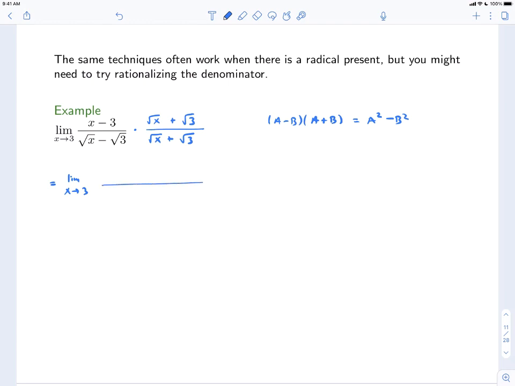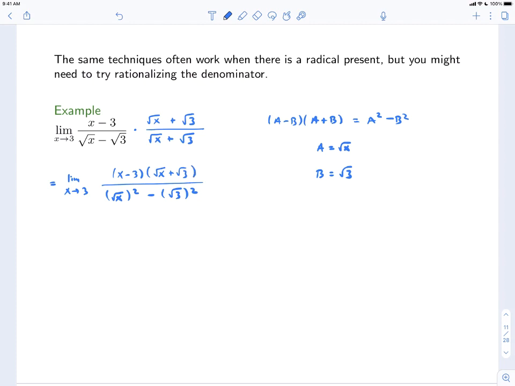So in this case, we're going to have the square root of x squared minus the square root of 3 squared. So our capital A is the square root of x, and our capital B is the square root of 3. In the numerator, we don't have any nice simplification, so we just leave it as x minus 3 times radical x plus radical 3.